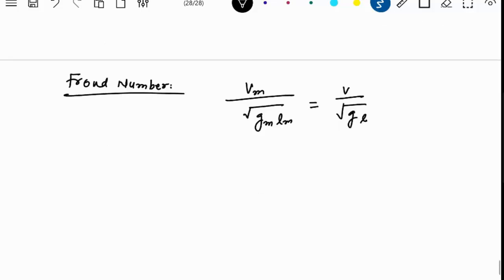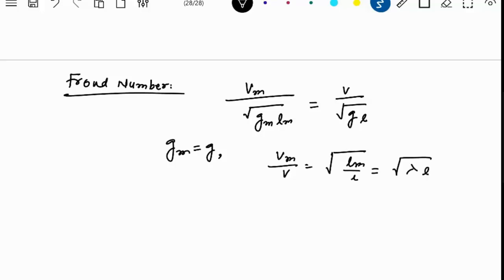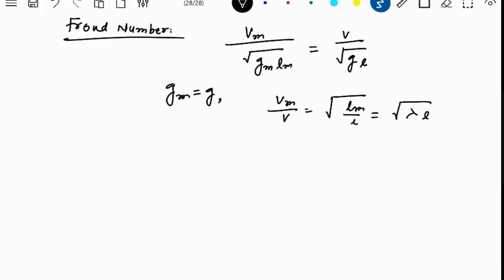Now if you consider gm equals g, that is, gravity is constant, then you can write Vm by V equals square root of Lm by L, and that is square root of lambda L. So I can write Vm equals square root of lambda L times V.